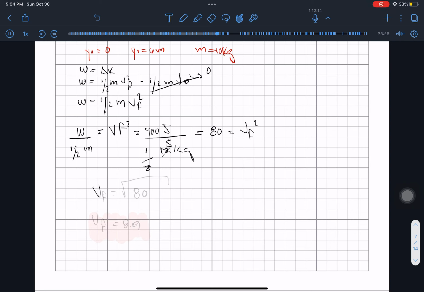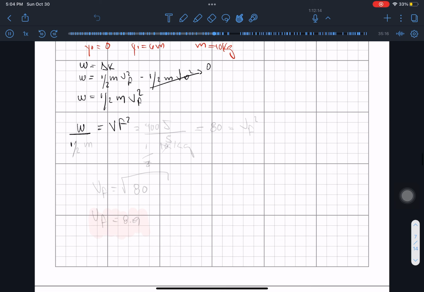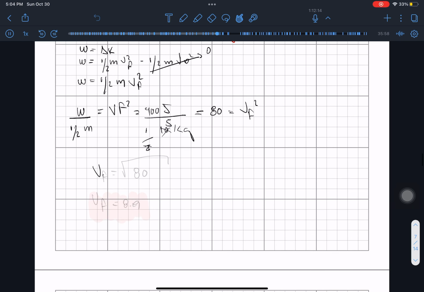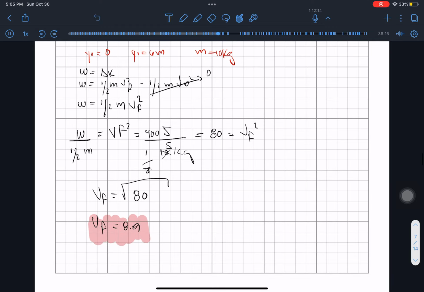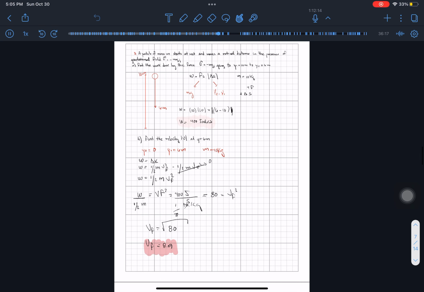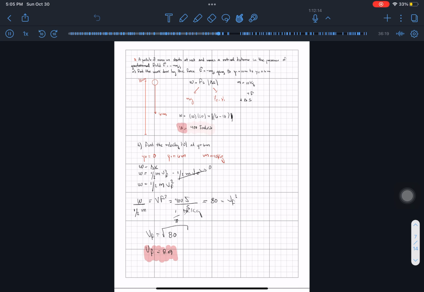So now all we need to do is find the square root of 80. This is going to give us the final velocity. Final velocity will be equal to 8.9. We have found the final velocity and the work done by the force.